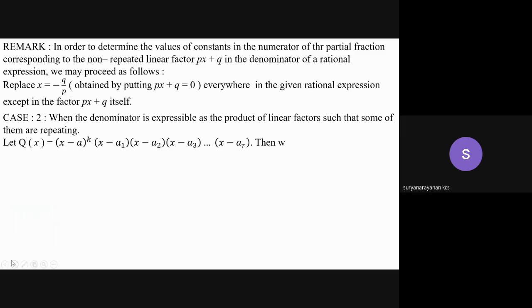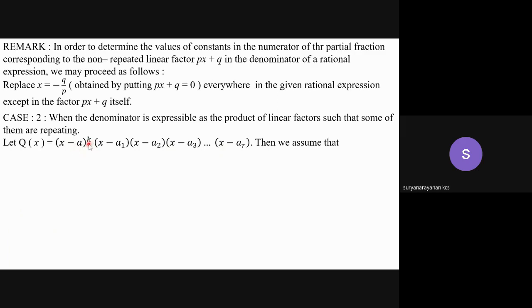If you observe the denominator, x minus a is a linear factor, x minus a1 is also a linear factor, x minus a2, x minus a3, and so on, x minus ar are also linear factors. But for the first linear factor, whole power k is there. Whole power k means this linear factor is repeating k times.